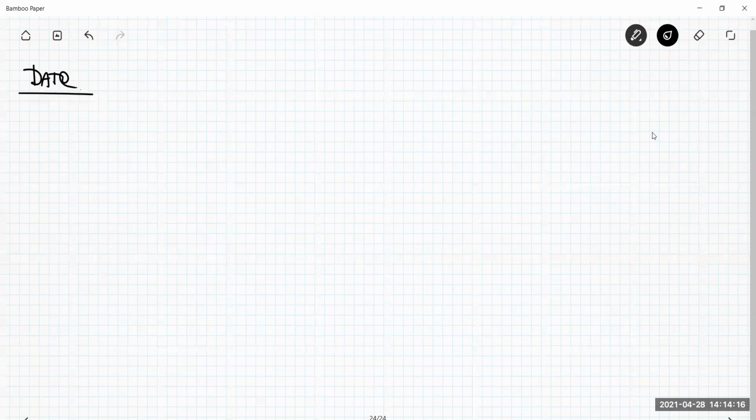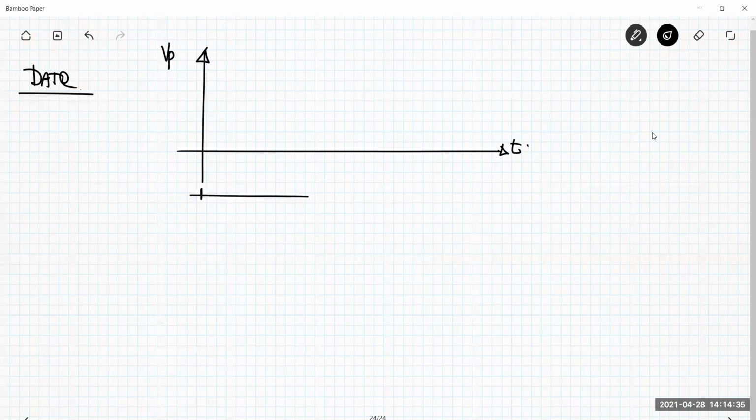Let me call VP the voltage across the piezo injector, across the piezo actuator, versus time. I have that the overall cycle operation is called T cycle, and T cycle is 20 milliseconds.